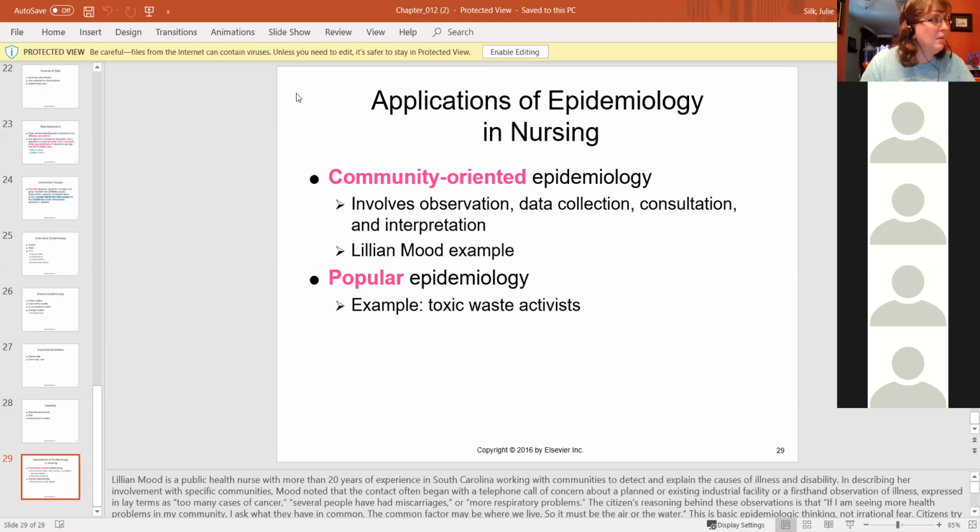There was a movie that came out not too long ago about a company that was polluting water in the area, and all these people were getting sick, and there was a big cover up about it. They ended up figuring it out, and there was a huge lawsuit. That's kind of what epidemiology is trying to figure out: who, what, where, and why, what's going on with a certain sickness in an area.